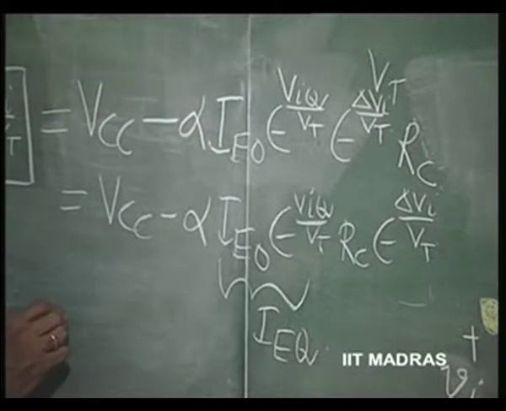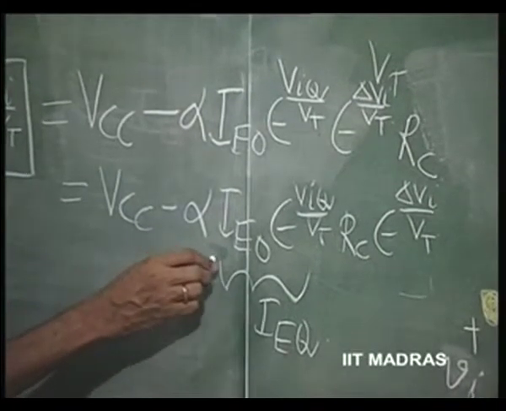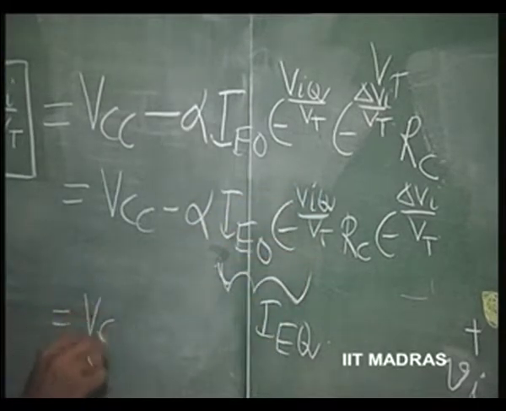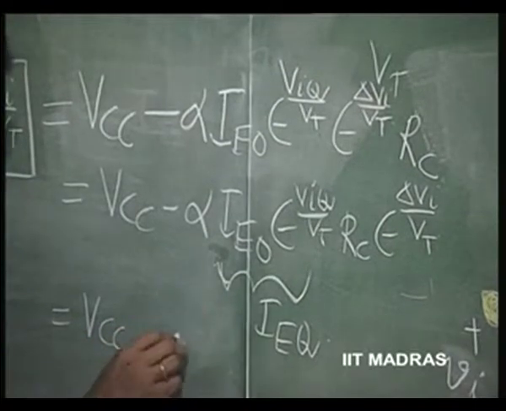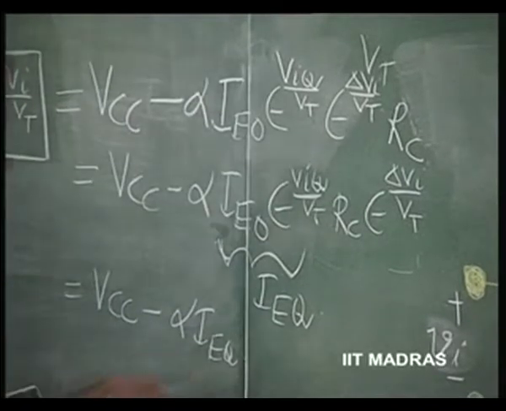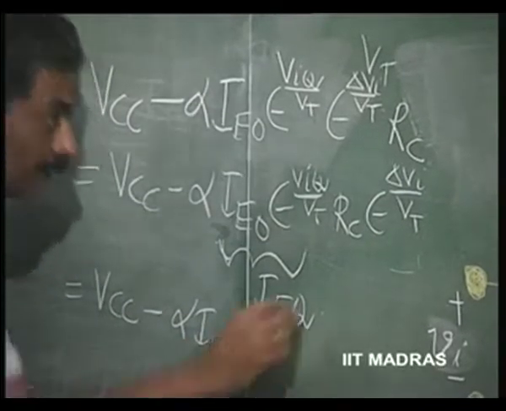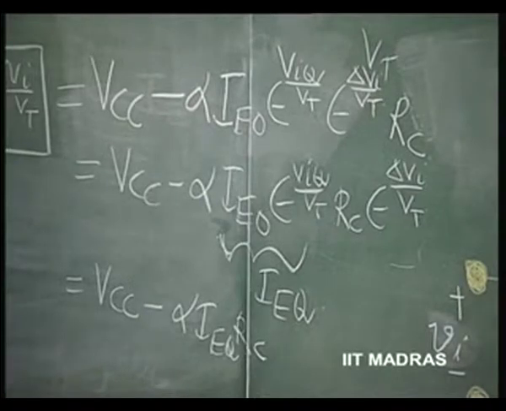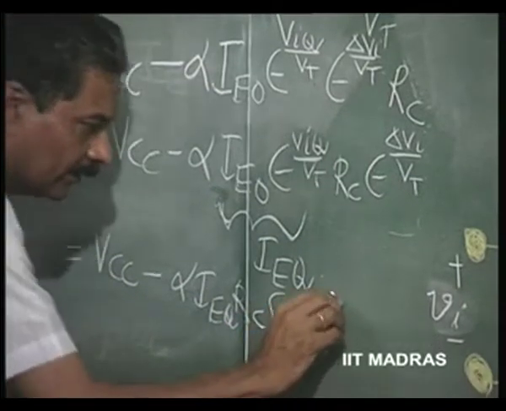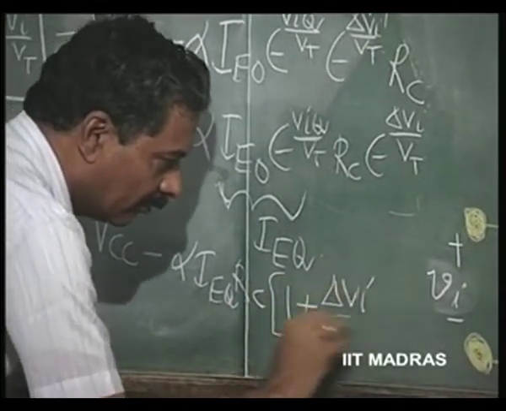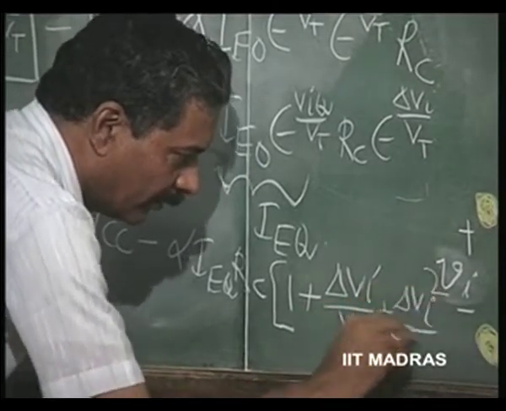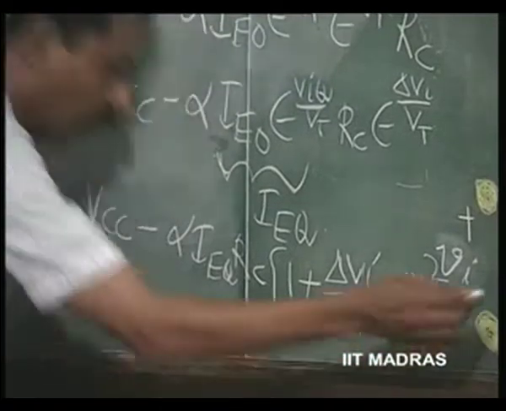So, this whole thing, alpha times IE naught into exponent VIQ by VT, is nothing but IEQ. So, VCC minus alpha IEQ into RC. This exponent delta VI by VT, we are now going to expand as 1 plus delta VI by VT plus delta VI squared by VT squared, and so on.